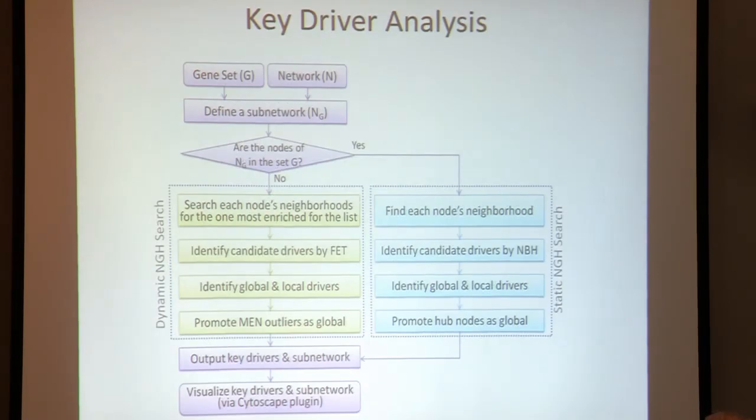This is dynamic, because the input nodes are only a subset of the nodes in the network. On the other hand, if you don't know the relevant gene set, you just have a network, or your gene set is basically a list of nodes in the whole network, then we can use a simpler search.